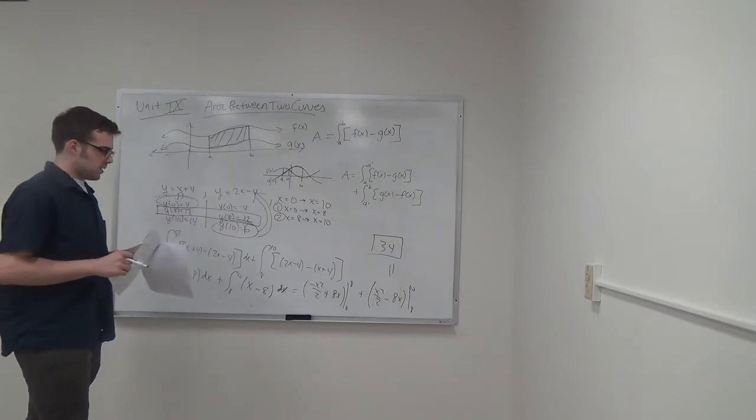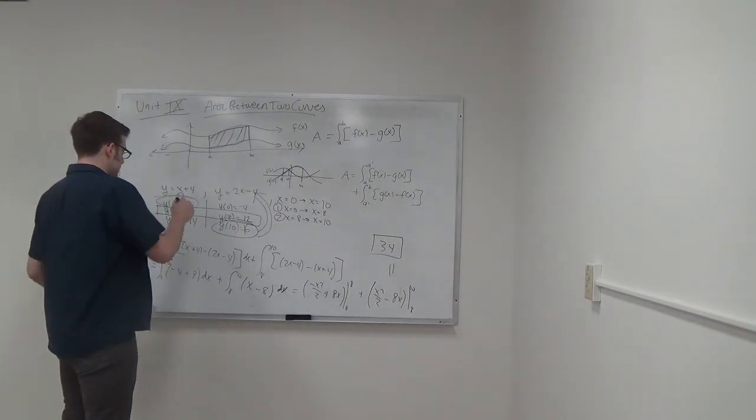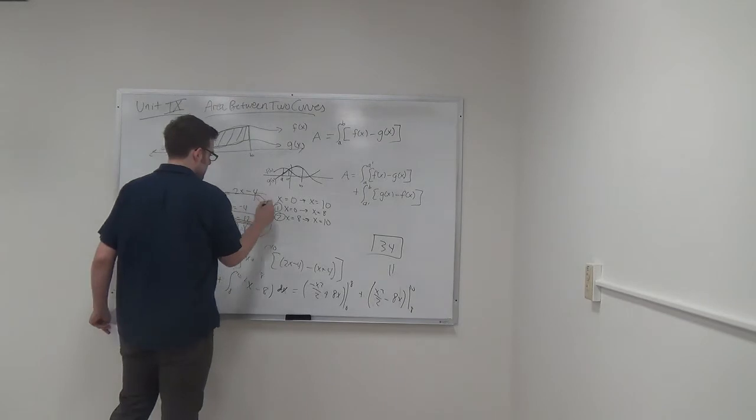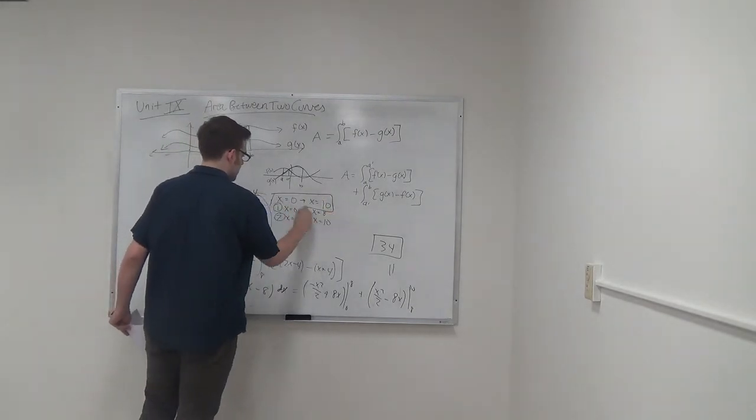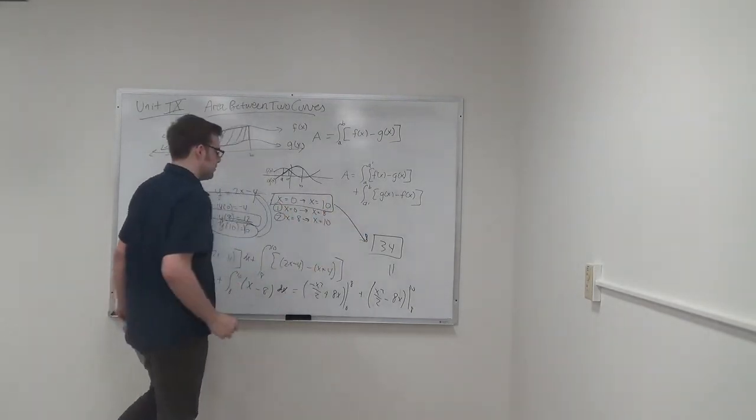And that integral is equal to 34. So the area between these two curves within this interval is 34.